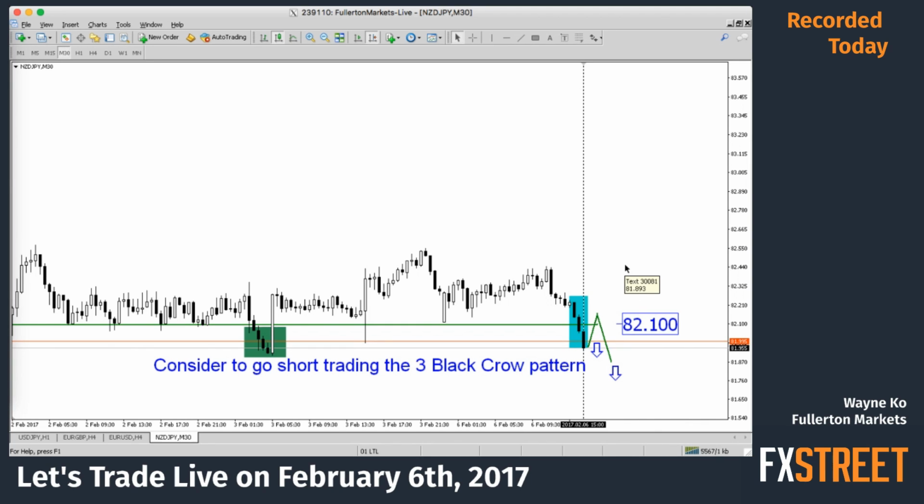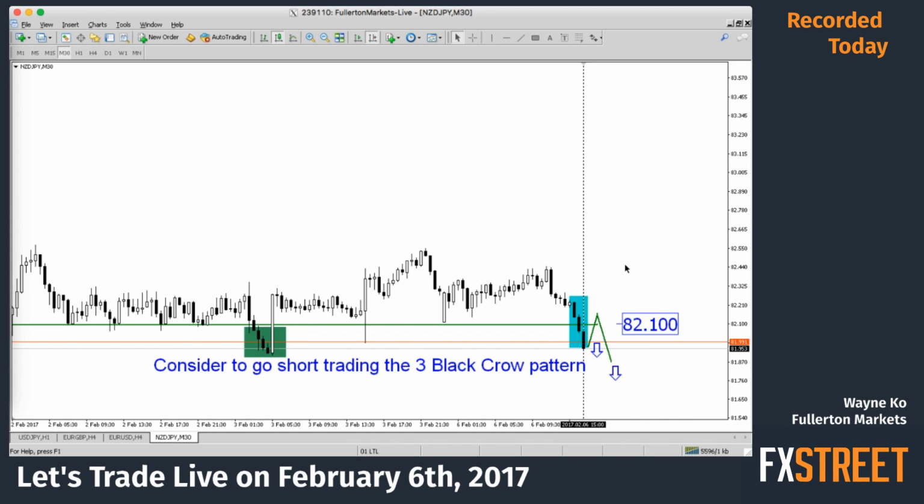So that's Kiwi Yen, but like I mentioned, leading up to Thursday early morning, we are expecting RBNZ to be dovish in their statement. If they are dovish, that could push the Kiwi Yen lower. But it depends on how low Kiwi Yen is at that point in time.